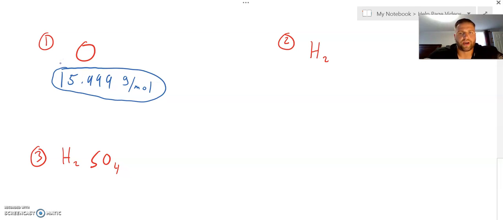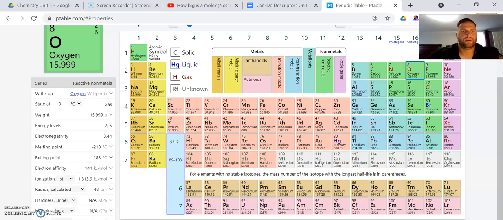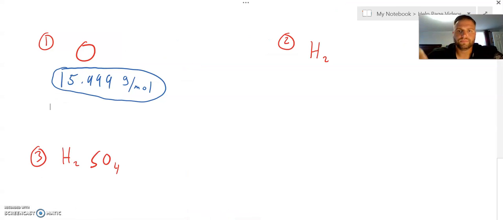So now let's look at number 2, hydrogen, okay? So what is the mass of a single hydrogen? Well, it's 1.008. How many hydrogens do we have? So what does the subscript tell us to do?